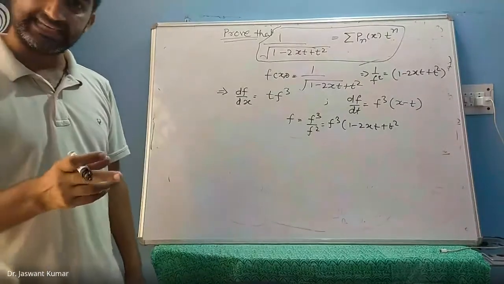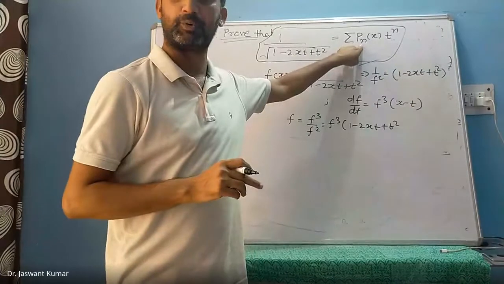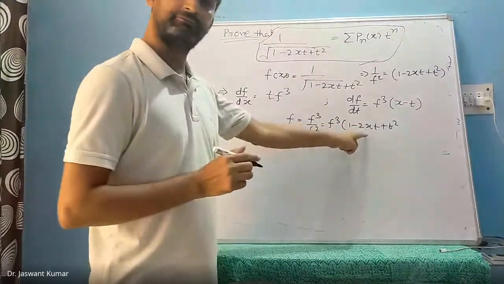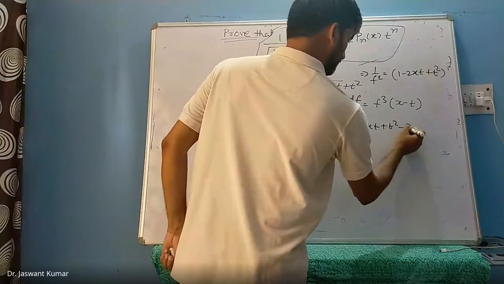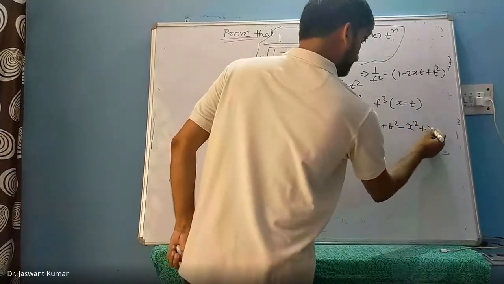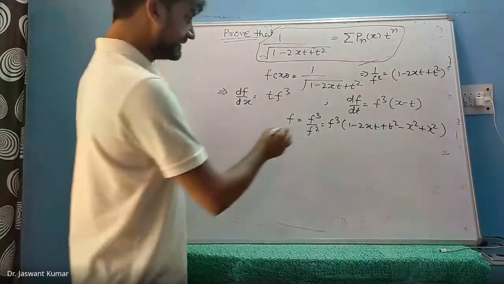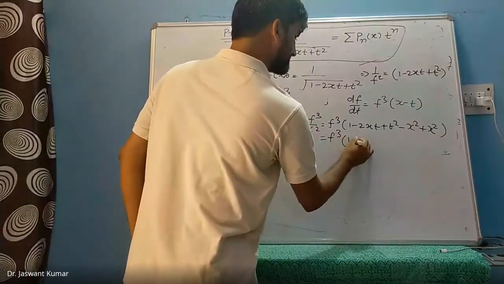In Legendre's polynomial, the factor 1 minus x square is very important. So we want to get that 1 minus x square thing over here. So what we do is put a minus x square and a plus x square in this, and separate the terms as f cube times 1 minus x square.